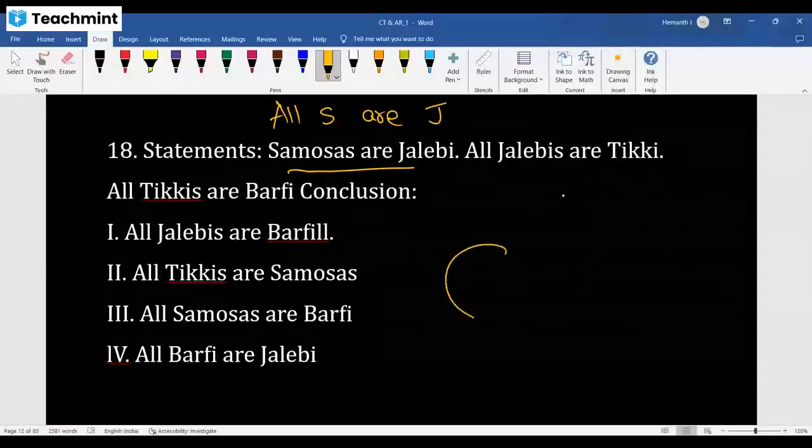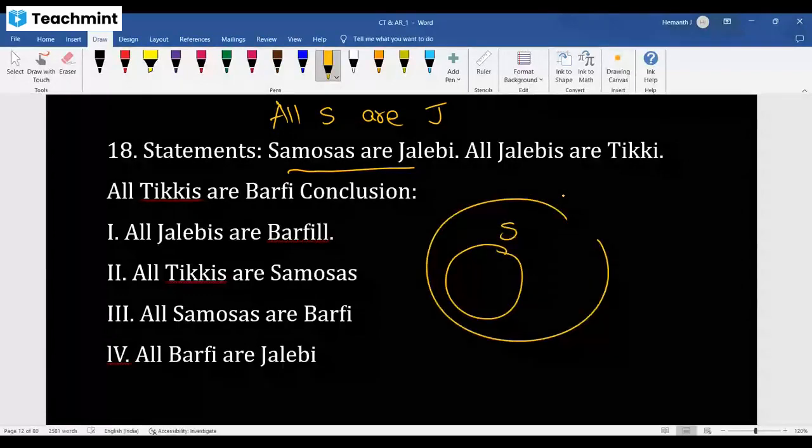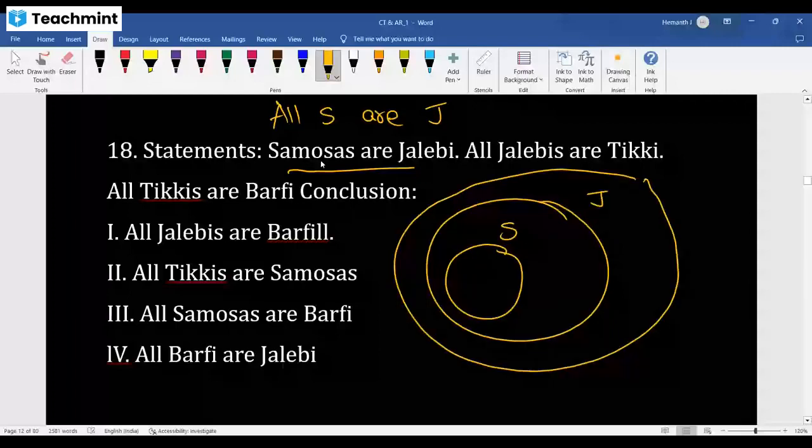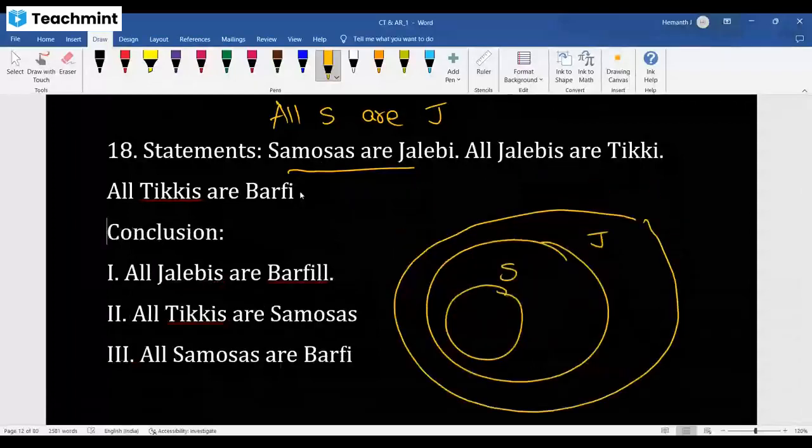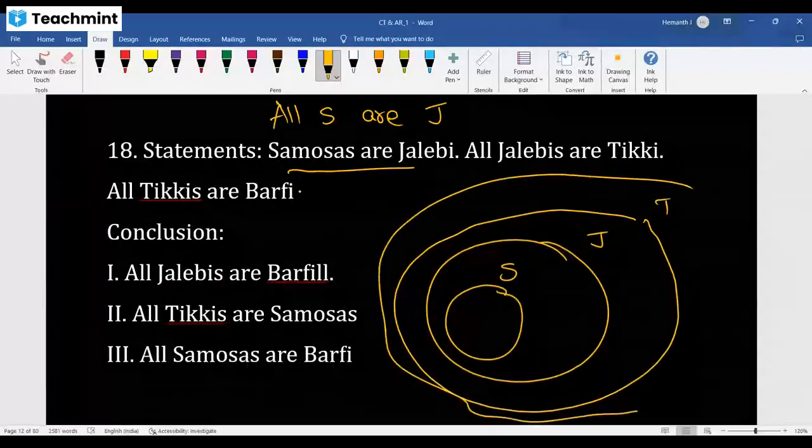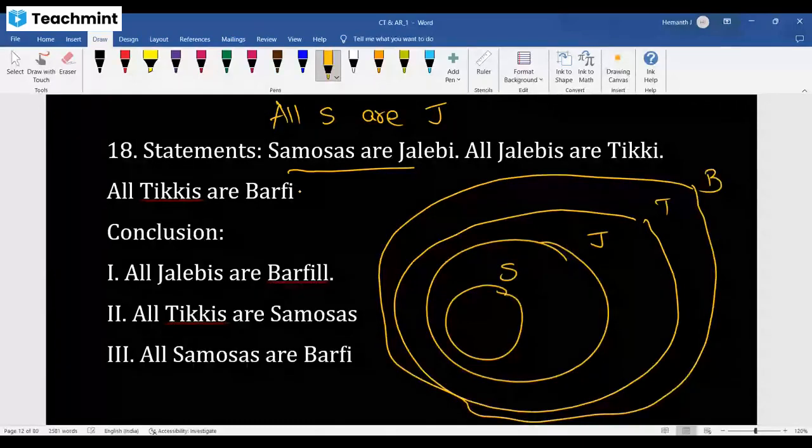So all samosas are jalebis, all jalebis are tikki, all tikki are barfi. Right, so all jalebis are barfi.